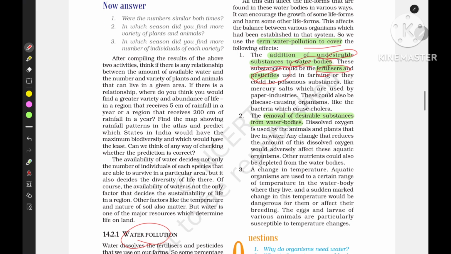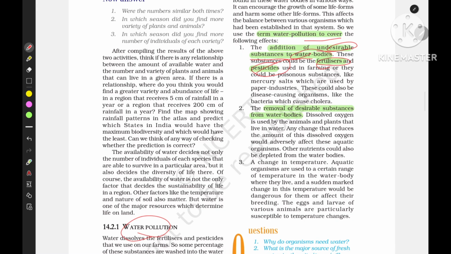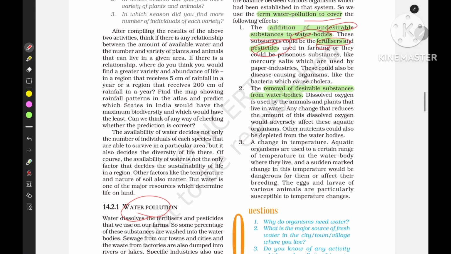These undesirable substances ultimately cause harm to the environment, human beings and other animals, including marine animals. And to remove the undesirable substances from the water, dissolved oxygen is used by the animals.